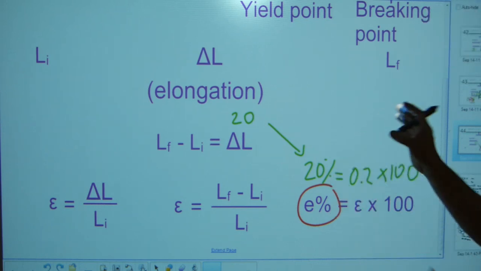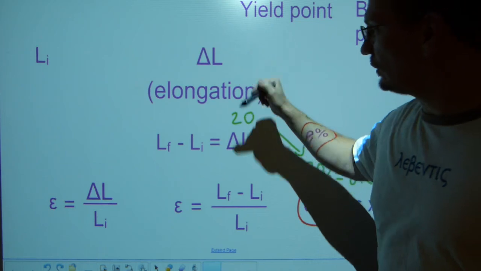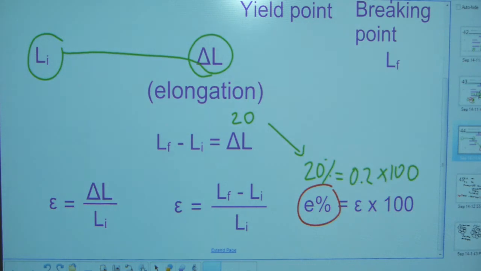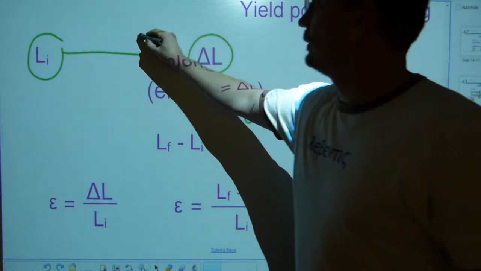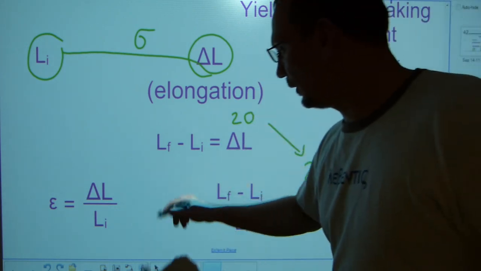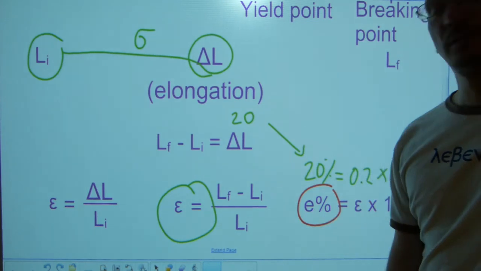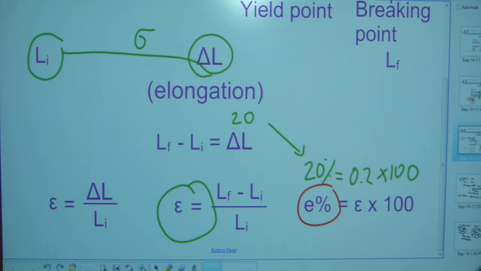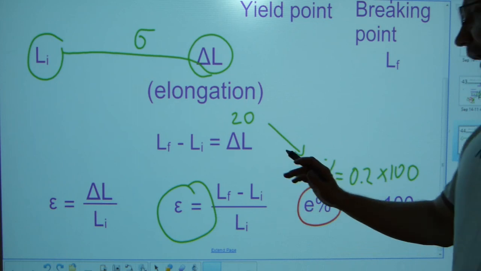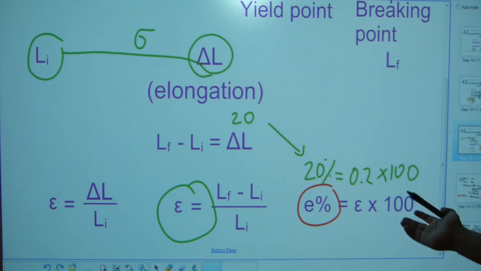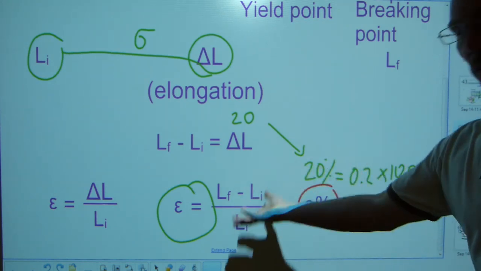What's important here is the interaction again. That the smallest idea is length. Out of this length you can make elongation when a force is acting on the material. This elongation can be expressed as, I'm just going to circle that, as strain. When the material is straining, you can come up with a number that shows how much stretch the material is experiencing at any given time, and this strain can be made into a percent just by timesing it by 100, because most people can visualize percentages more than just a number.